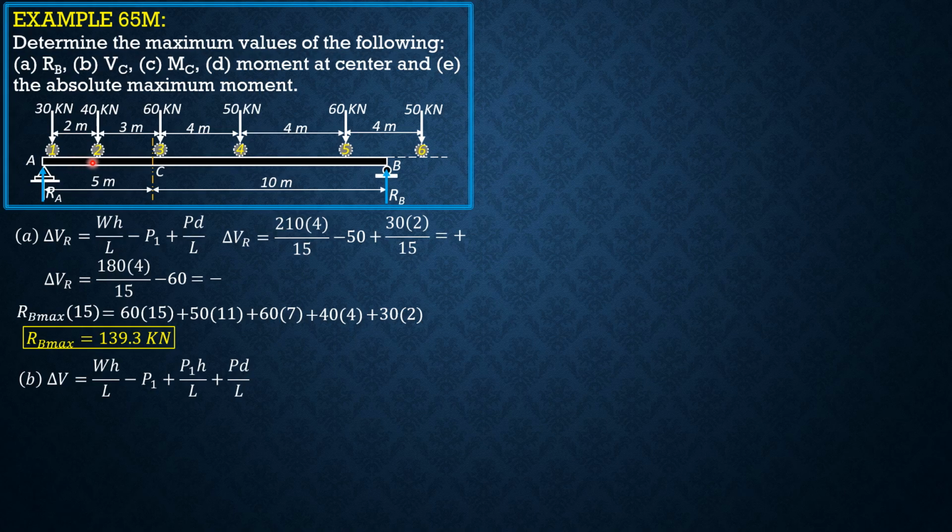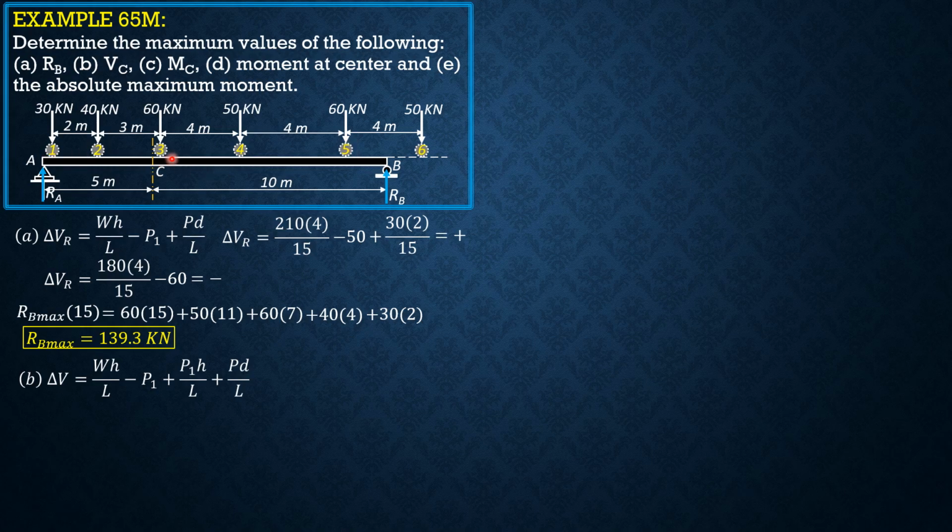So let's proceed to load 2 over C. So when load 1 was over C, 2 plus 3, 5 plus 4, 9 plus 4, 13. And because this is 2, when load 1 was over here, this 60 kilonewton load was outside.